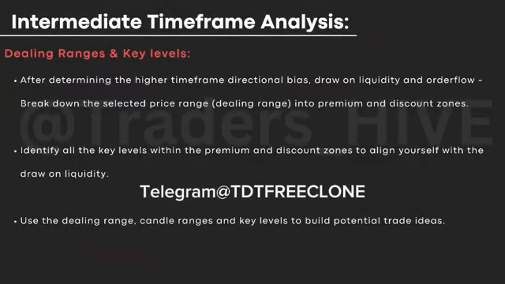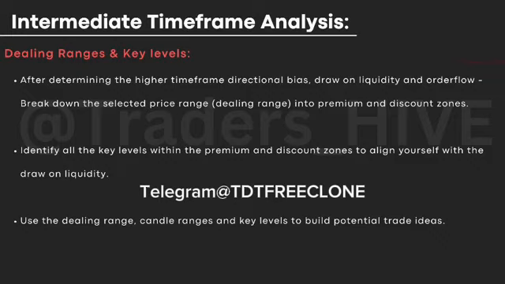Moving on, we're going to dive into dealing ranges and key levels for intermediate time frame analysis. First of all, after determining the higher time frame draw on liquidity and directional bias, you're going to break down the selected price range or current dealing range into premium and discount zones. And then you're going to identify the correct key levels within these premium and discount zones and select them based on the market context and narrative.